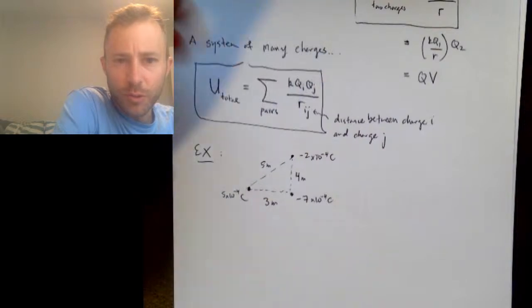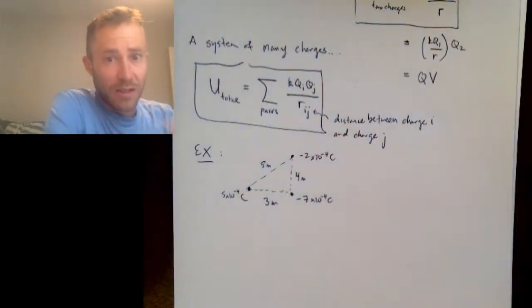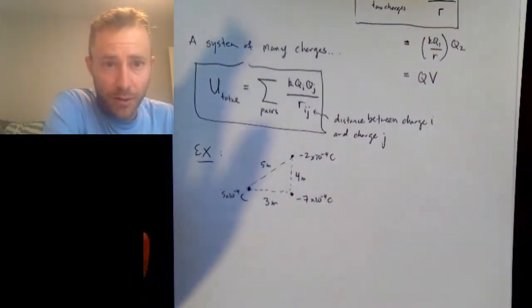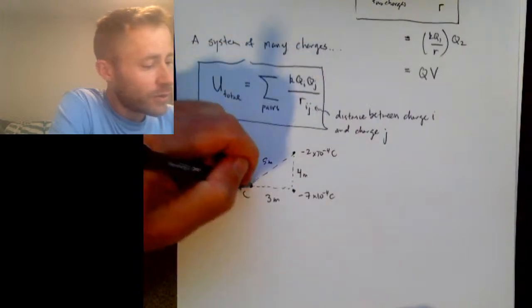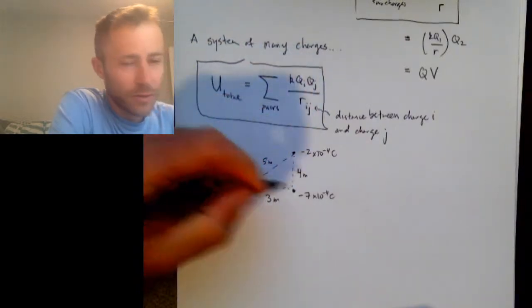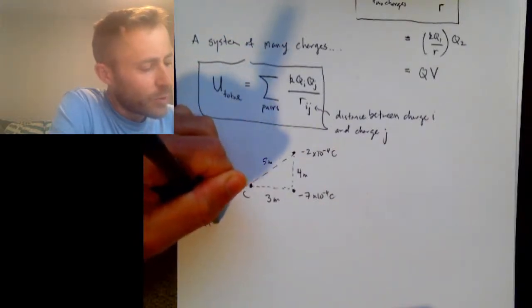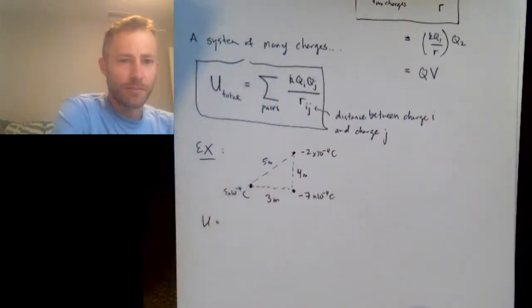So the question is, what is the total electrical potential energy of the system? So how many pairs are there in this system? There are 3 pairs. So there's this pair, there's this pair, and there's this pair. So this whole thing is going to get multiplied by k.